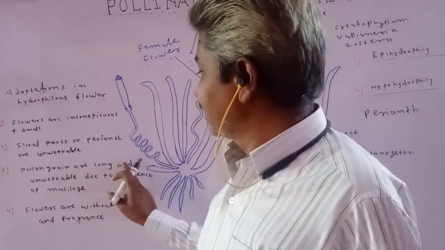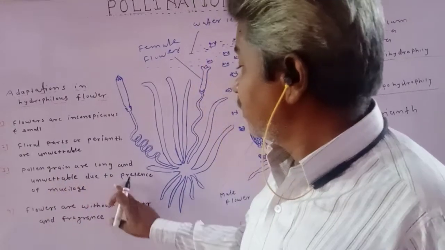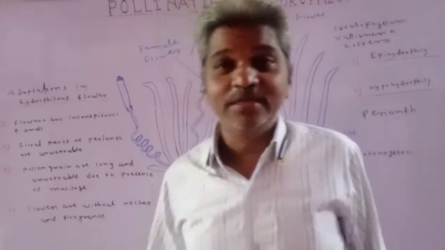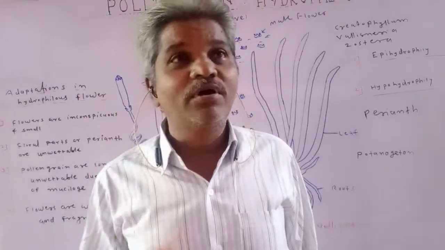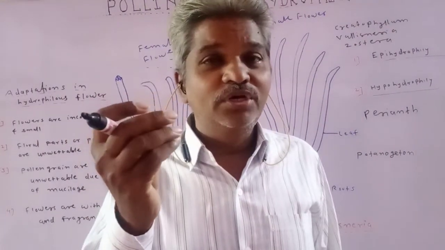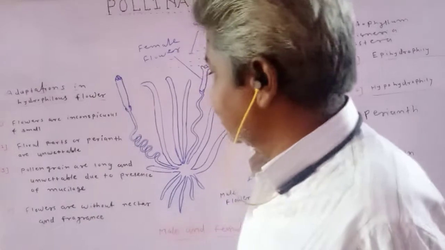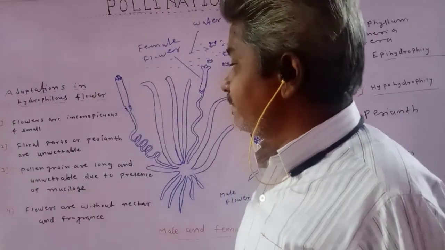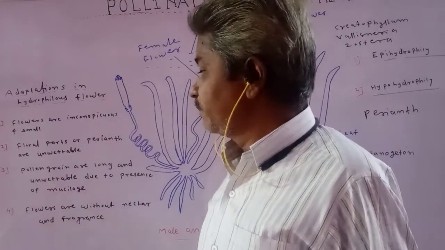The pollen grains are covered with a secretion, that is mucilage, and this mucilage makes the pollen grain waterproof or unwettable.